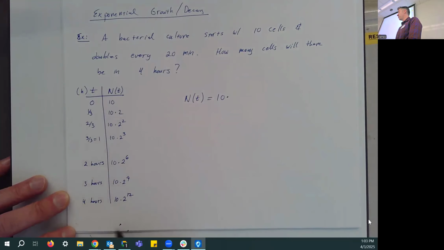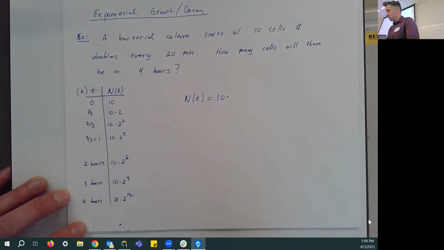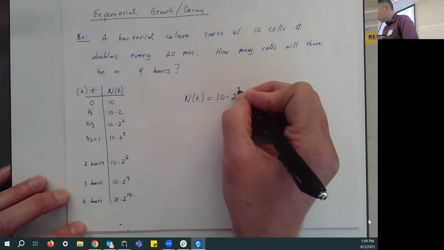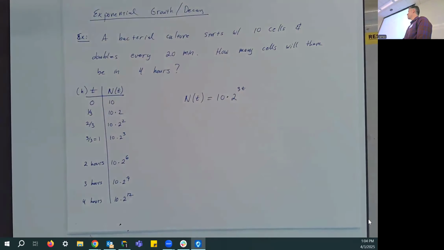It looks like you're just taking the number of hours and multiplying by 3, which makes sense because in 1 hour, you get 3 doublings, because a doubling happens every third of an hour. So that looks like a pretty good formula for the number of bacteria at time t. And look, it's an exponential function.